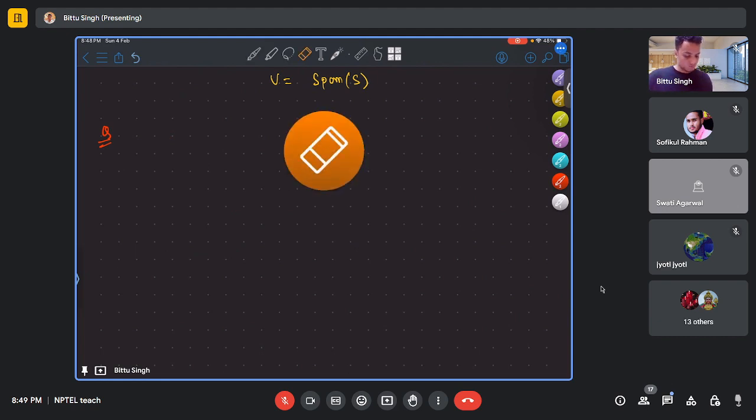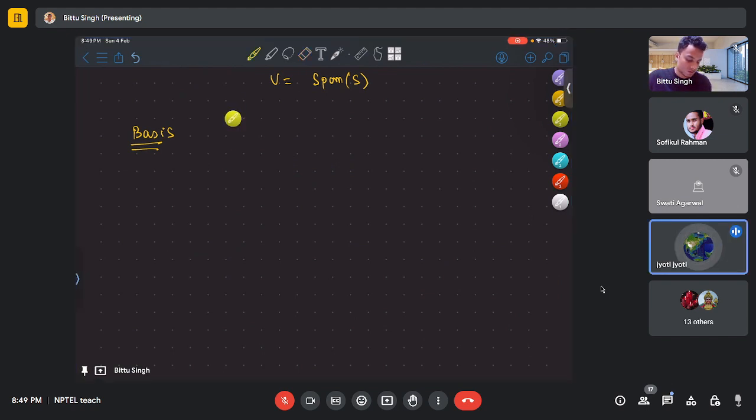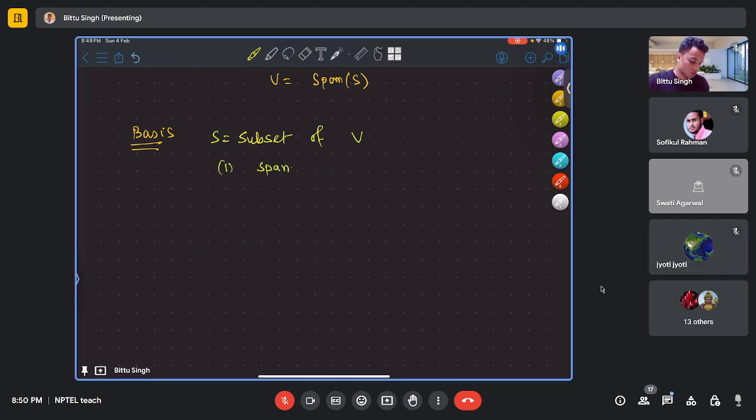So before that question, what is the definition of a basis? A basis is a subset of a vector space which satisfies two conditions. First, the vectors in the basis must be linearly independent, and that set must span the whole vector space. It is a spanning, linearly independent set.